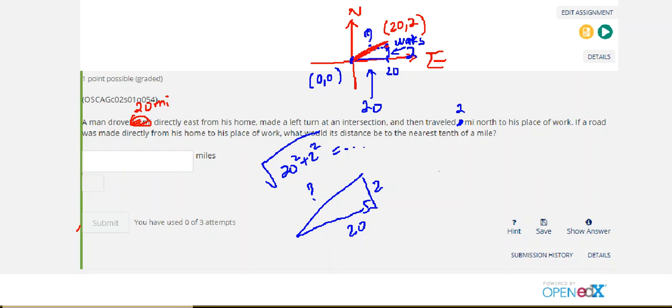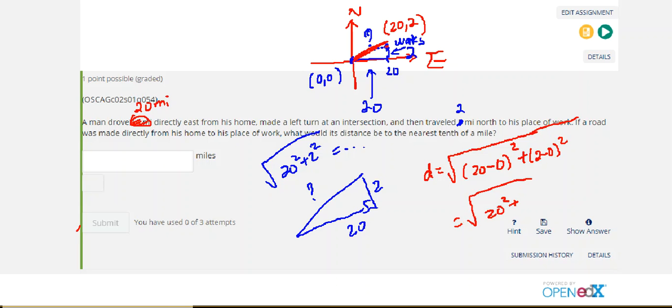So you want to use the distance formula, which is d equals, basically potentially the same as the Pythagorean theorem. They originated from the same idea. Okay, so for d you're going to use x2 minus x1, which is 20 minus 0 squared, plus y2 minus y1 squared, which is 2 minus 0 squared, which is equal to the square root of 20 squared plus 2 squared.